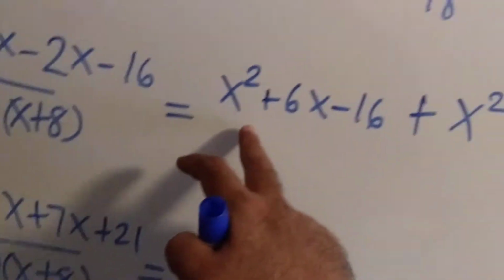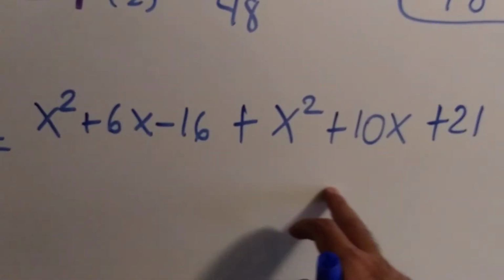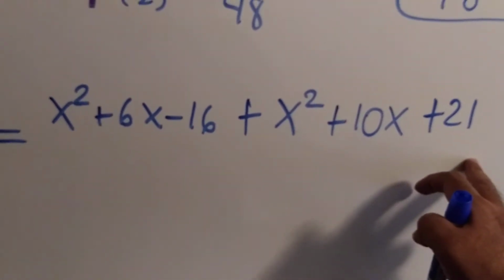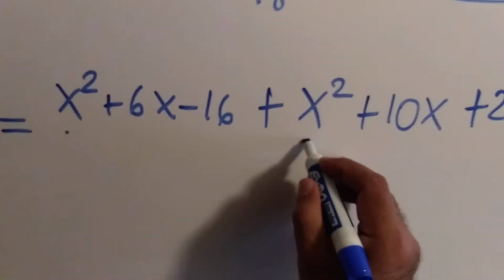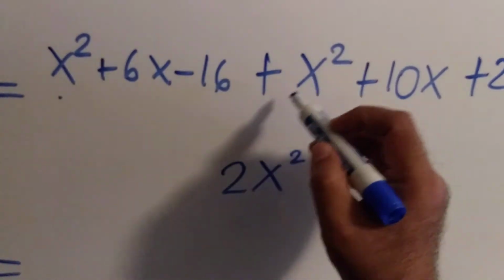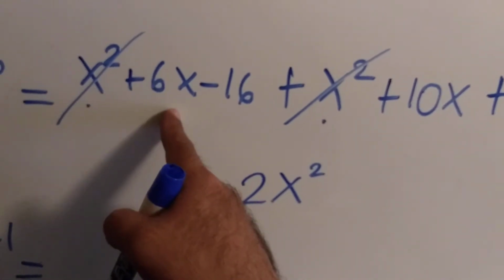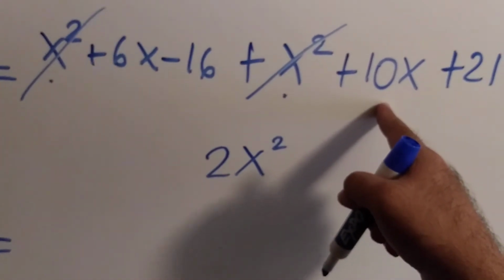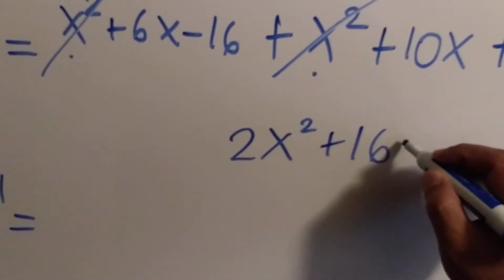But first, let's go ahead and look at this long mathematics sentence here. What else can we collect as like terms? So look, we have an x to the second here and an x to the second here as well. So that makes it 2x to the second, and let's cross it out, that way we don't get confused. Then we have positive 6x and positive 10x, so that makes it plus 16x.